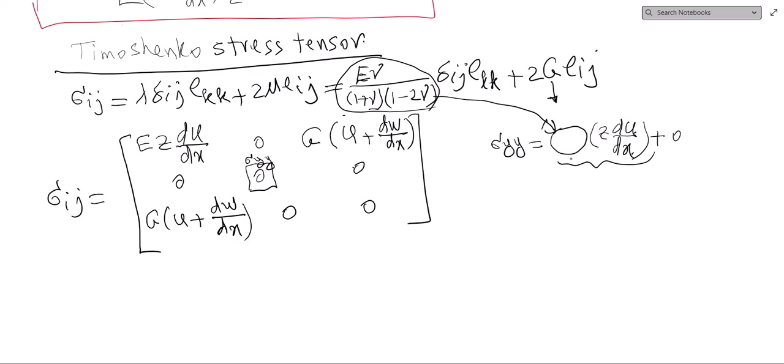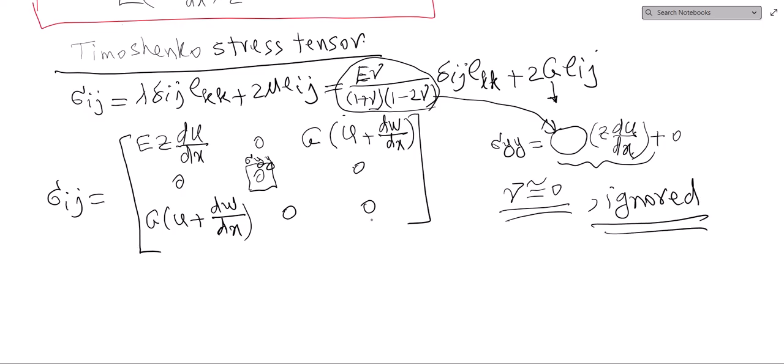So you get a non-zero but very small number. So we are assuming here that mu is almost 0, or we ignored, we neglect it. Otherwise you will get this, and also you will get some sigma zz due to Poisson ratio.